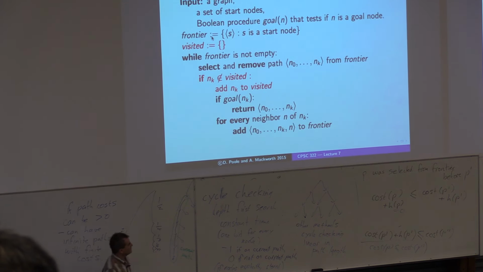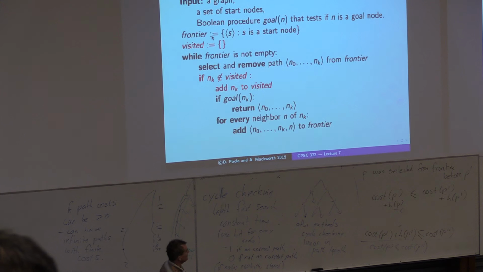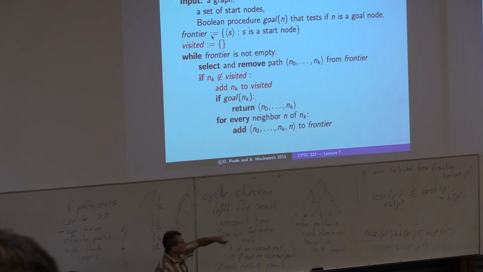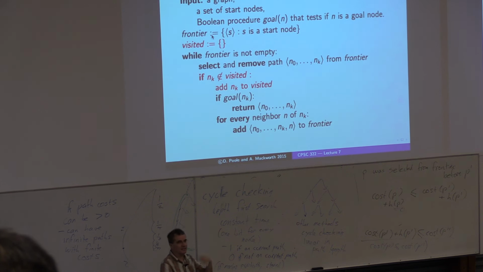So here's the algorithm. Someone asked how Dijkstra's algorithm relates, but it has multiple path pruning. We have a set of visited nodes, and we select and remove a path from the frontier, and if the end node hasn't been visited, we add it to the visited set and continue. That's the only thing we're going to do in here.